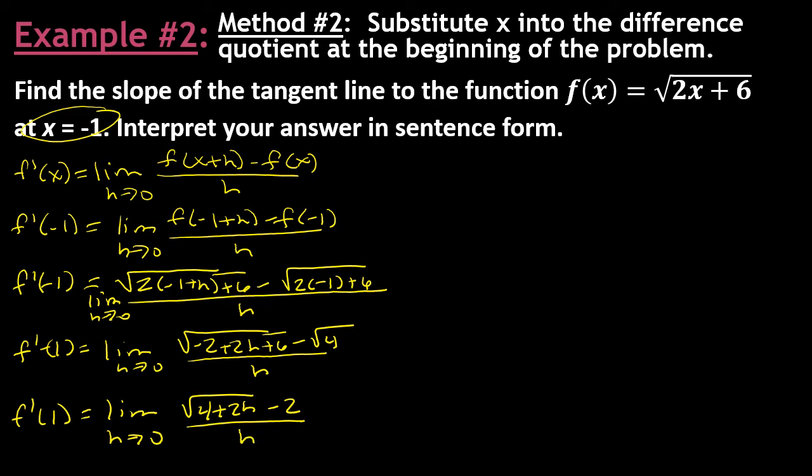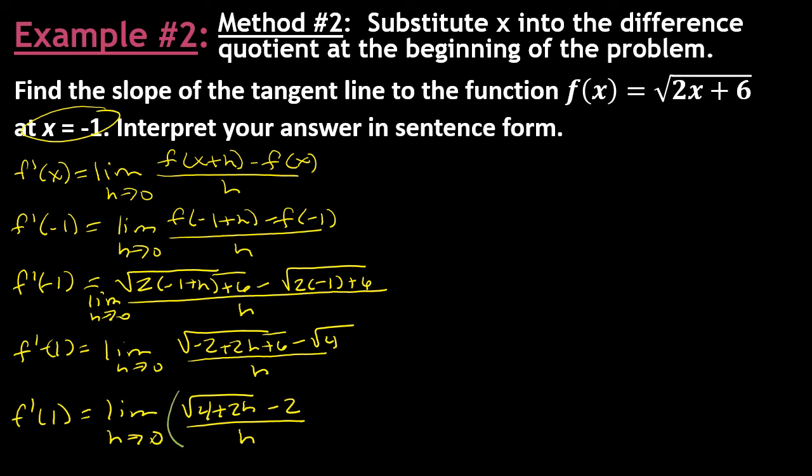And now I've hit the great debacle because I cannot cancel out my h's like I normally would, because one of them is underneath the square root and one of them is not. And when I substitute in h, I still have division by 0. So lo and behold, we have to think back to those three methods: factoring, rationalizing the numerator or denominator, and simplifying the fractions. And we have to figure out something.